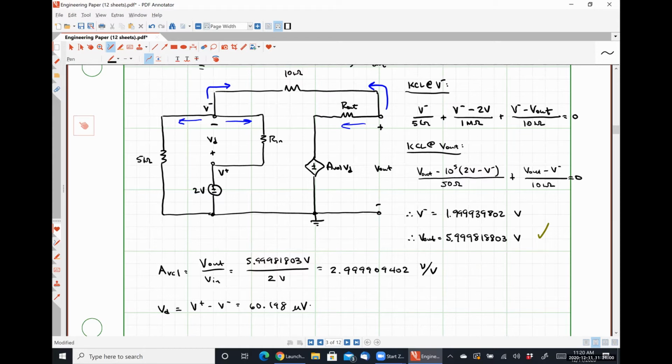All right, so we have determined our output voltage is roughly 3 times the size of our input voltage for this particular configuration. And our differential voltage is 60.198 microvolts. So do me a favor real quick, just as a sanity check: 60.198 microvolts times our voltage gain of 100,000 is going to be what?